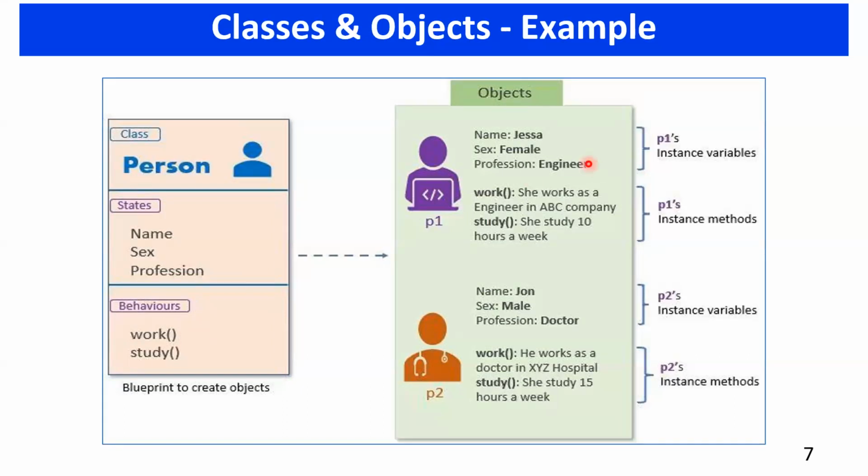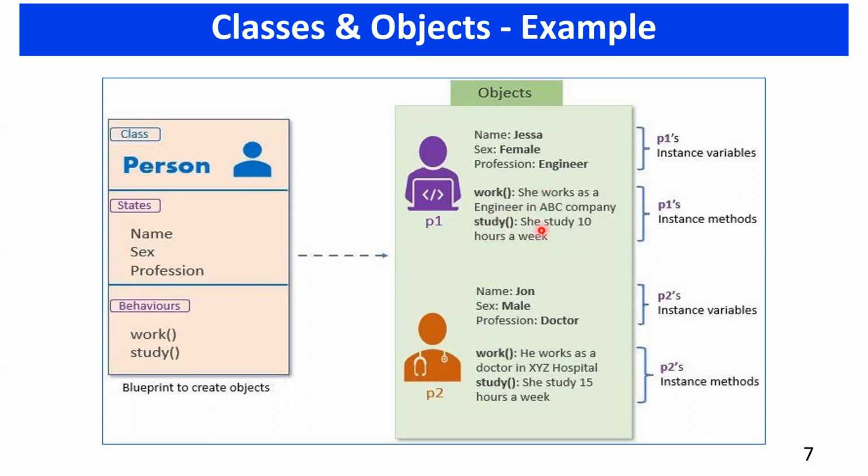For example, consider a person P1, which is an object of the person class: the name is Jessa, the sex is female, and the profession is engineer. If you look at the behaviors, the object P1 works as an engineer in ABC company and studies 10 hours a week.